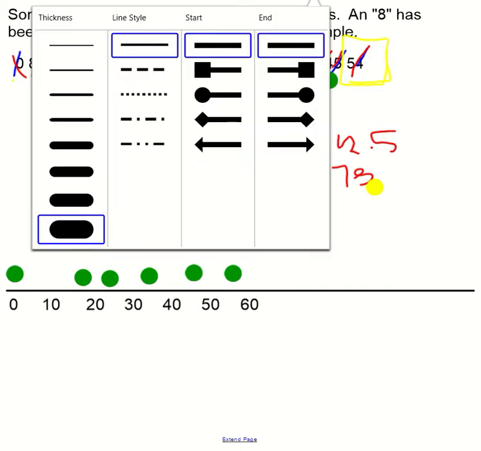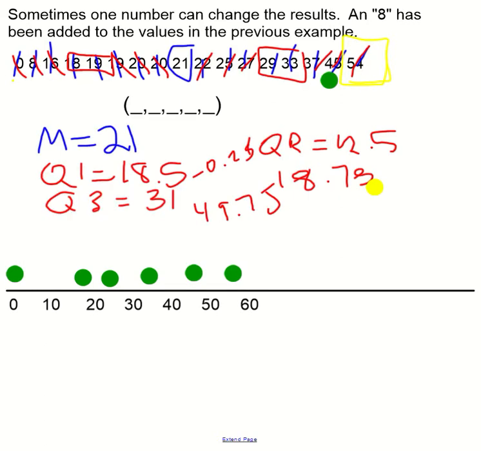Then we draw these lines using the five numbers that are not outliers. We draw a box between the middle three and our line. That number out here is an outlier. If we used it to calculate, it would skew our data too far away from the rest of them. So we put a dot there, but we don't connect it to the rest of the box and whisker plot.